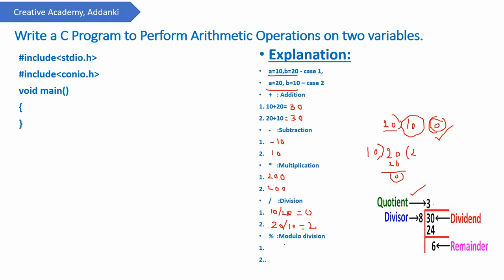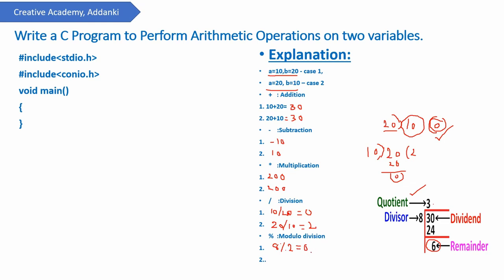Right? Now coming to modular division. This modular division returns the remainder. Suppose it is like 8 modulo division 2, it returns 0 because 2 4s are 8 and the remainder is 0.